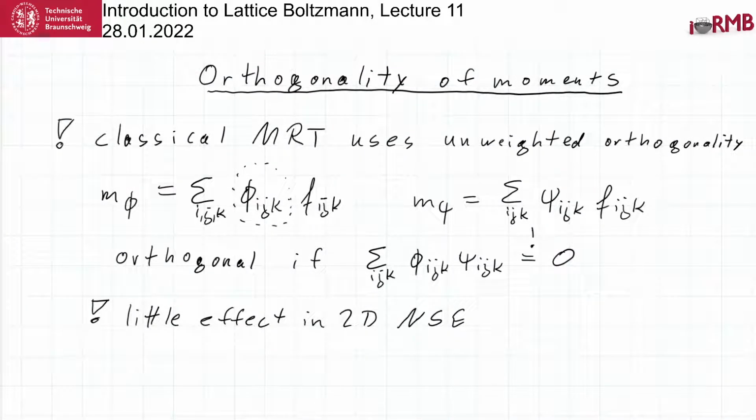However, unfortunately, and this is something very important to understand about the Navier-Stokes equation, the Navier-Stokes equation in 3 dimensions is pretty different from the Navier-Stokes equation in 2 dimensions. And this also applies to the Lattice-Boltzmann method. So even though the same thing in 2 dimensions doesn't do much, it has big effects, and actually it has big problems in 3 dimensions.